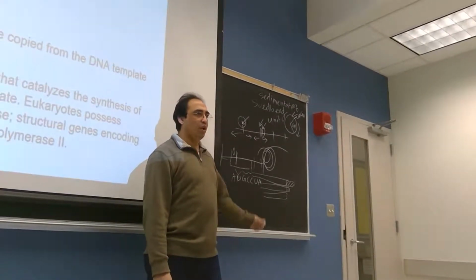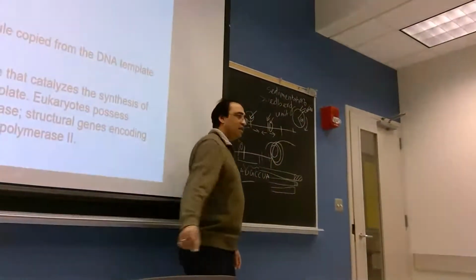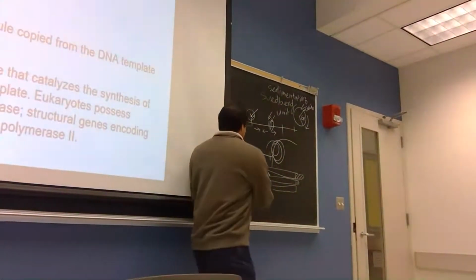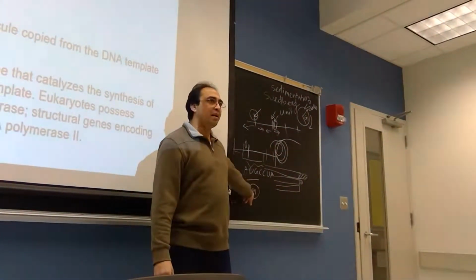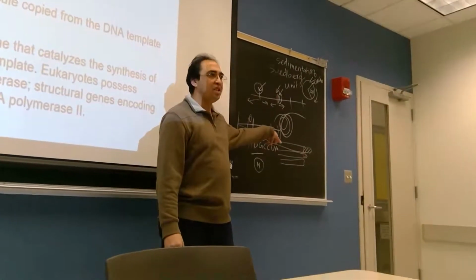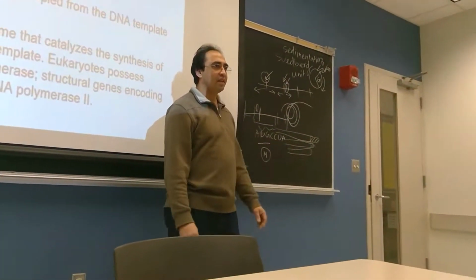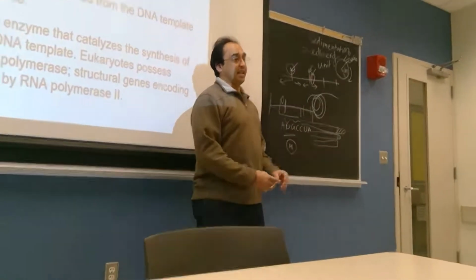Later, when we learn about translation, this AUG part is called a codon. It can synthesize one amino acid, methionine. If I know that methionine is there, I will know that in the RNA, AUG is there. This is omics.